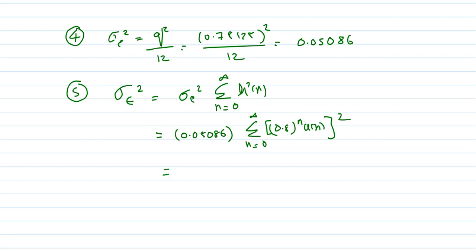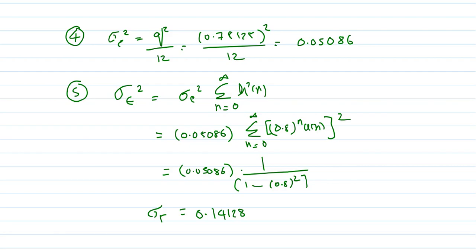Now this u of n has a magnitude 1 from 0 to infinity, so we can remove that. 0.05086 into the summation value, which will become 1 by 1 minus 0.8 whole square. If you evaluate this value, it comes to 0.14128. So this is my steady state variance due to output.